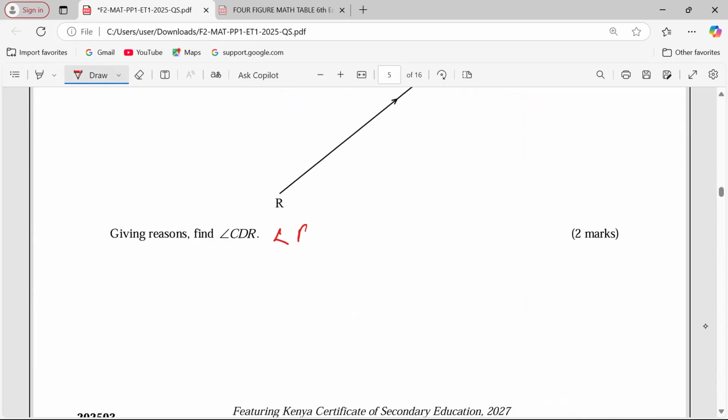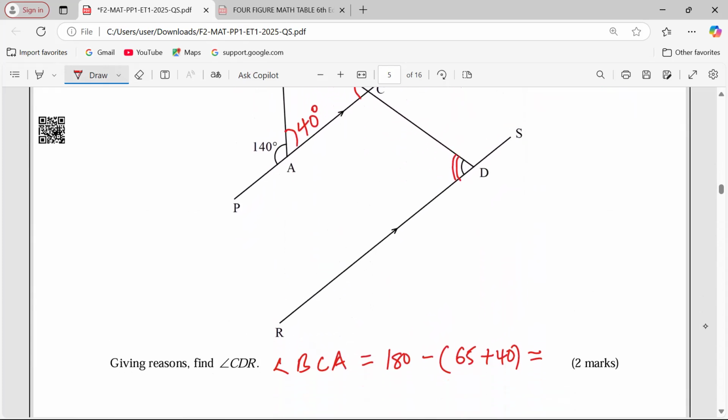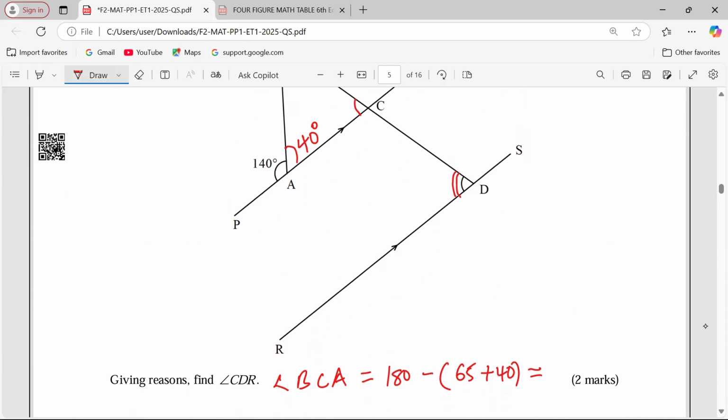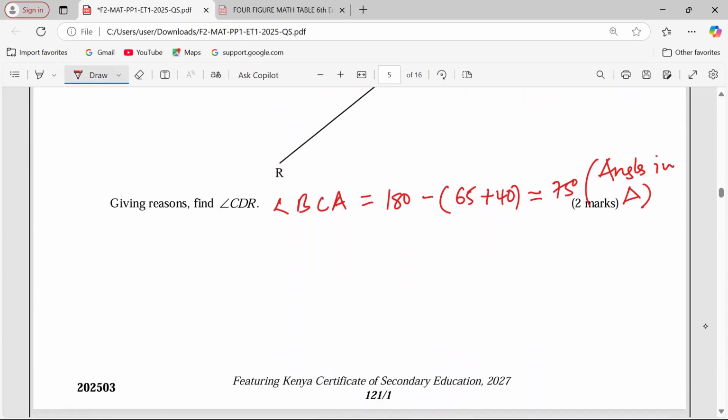The angle BCA is supposed to be 180 minus, when we take 65 and we add 40, so 180 minus 65 and 40 added, we are getting 75. Reason being, angles in a triangle are supposed to add up to 180.